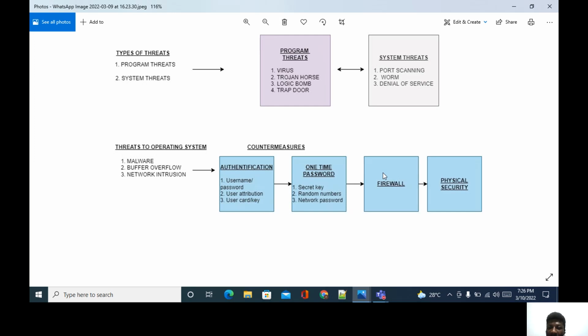And again, we have physical security, which is talking about the physical environment of the system. Your system may be exposed to some dangerous features in the environment, like flooding, earthquake, tsunami, and the others.